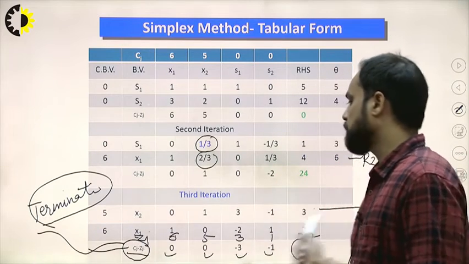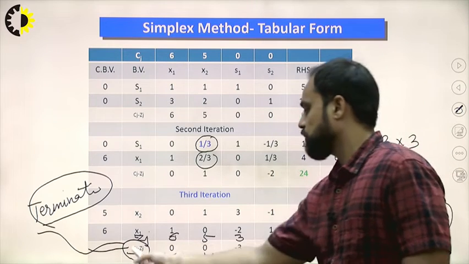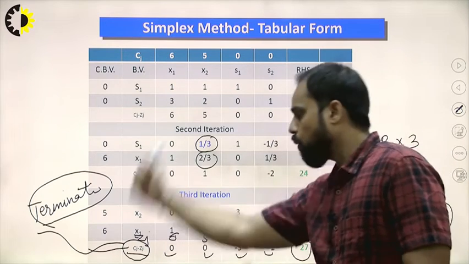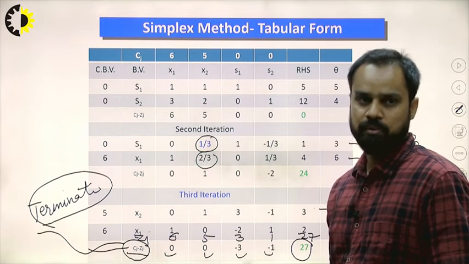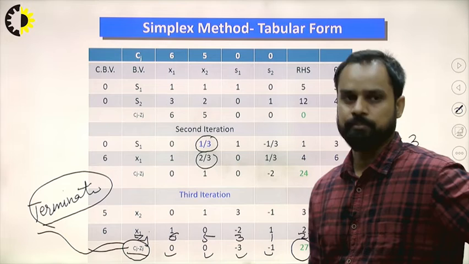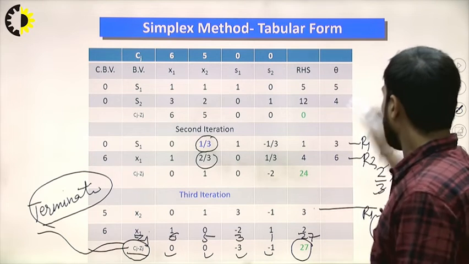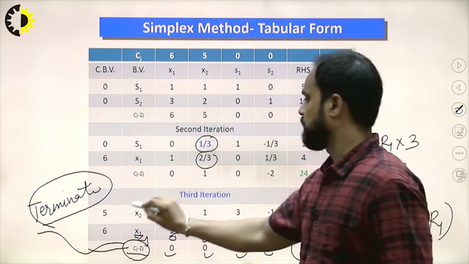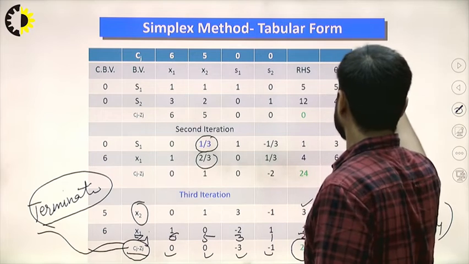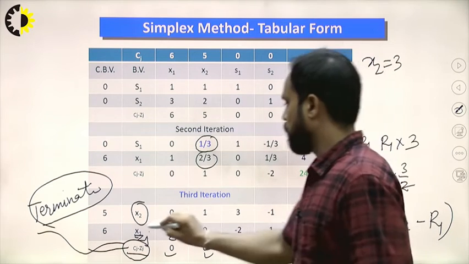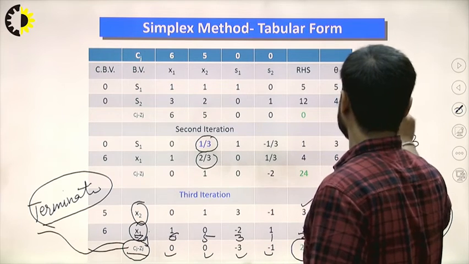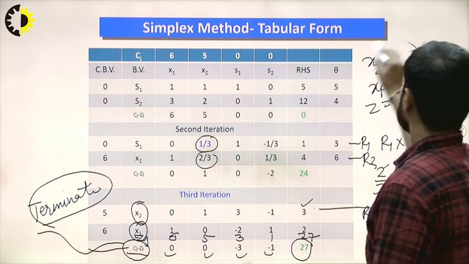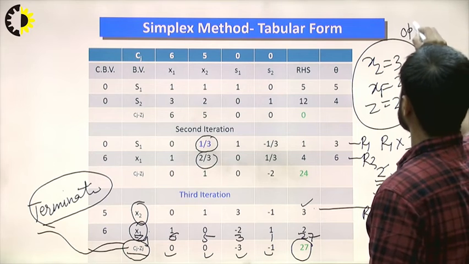On the basis of the Cj minus Zj row: if all the values in Cj minus Zj are either 0 or negative, that is the termination criteria, right? And the optimal solution is x2 equal to 3, which we can write from here, and x1 equal to 2 and z equal to 27. This is the optimal solution.